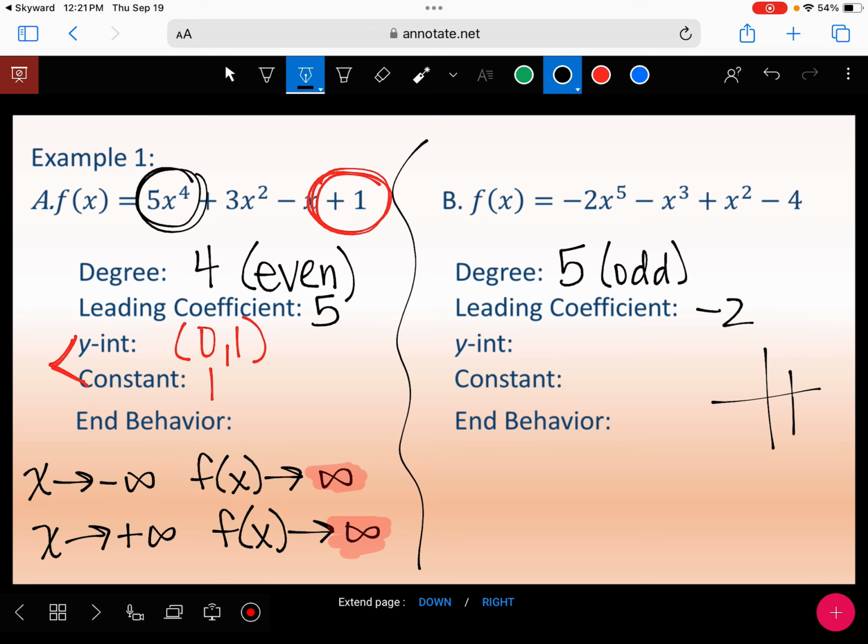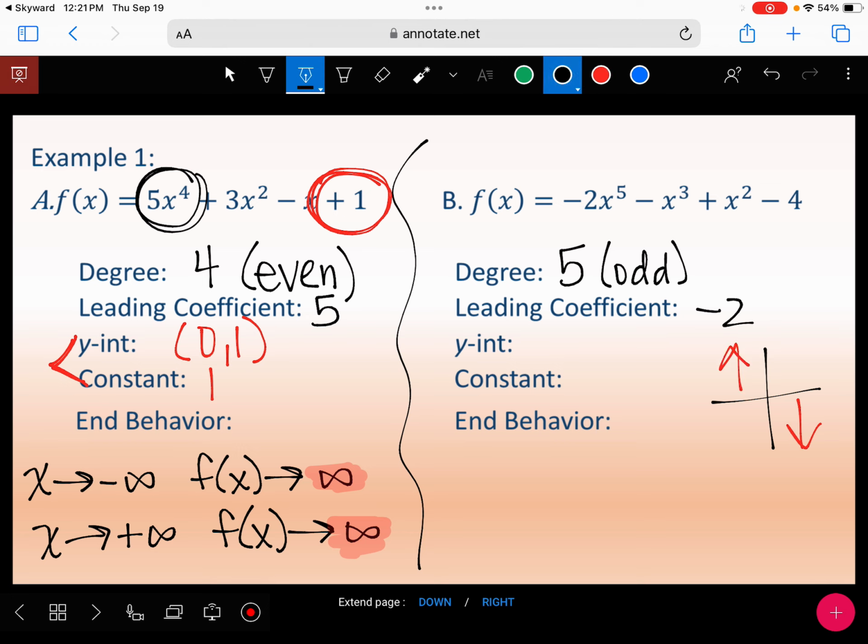So over here, what is my arrow going to do on this side? On this side, which is the right, it is going to go down because this number is negative. Because it's odd, the left side is not going to do the same. It's going to do the opposite.